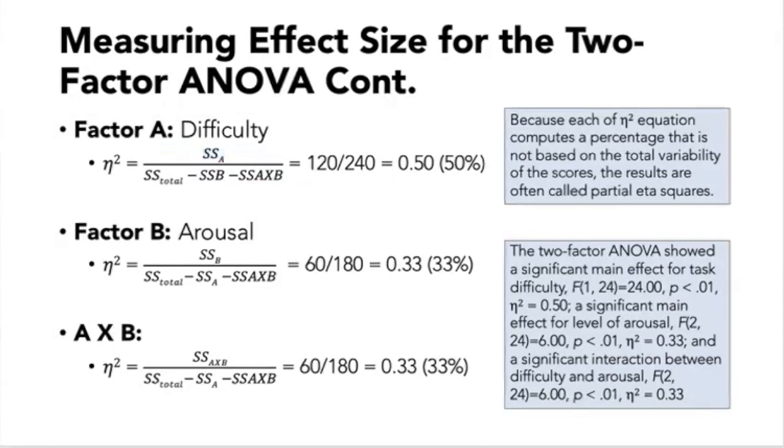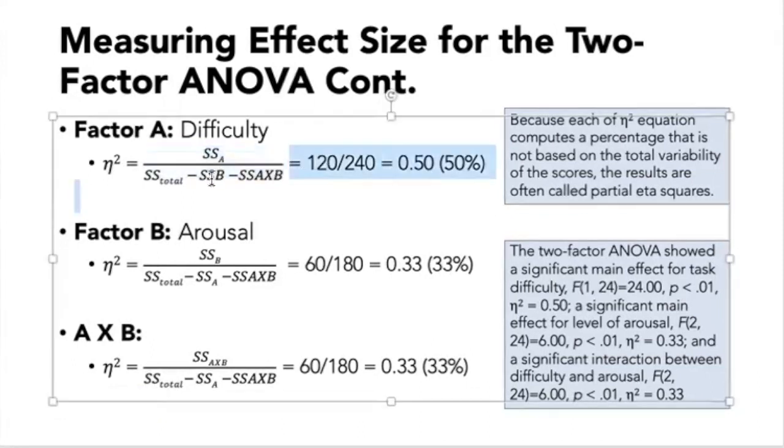Now, eta squared you can calculate for the total model, like how much the entire thing actually explains. But here for factor A, we remove the variability explained by B and also the interaction. As a result, we refer to the answer as partial eta squared instead of eta squared.